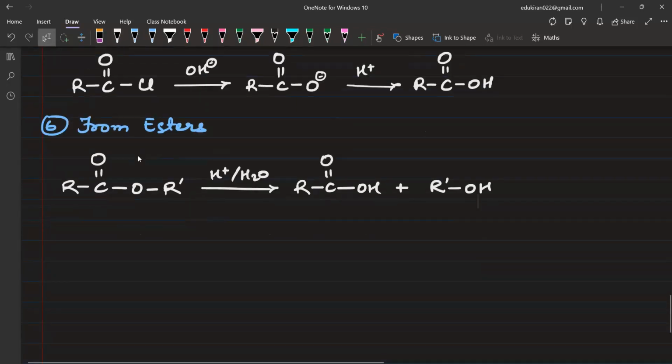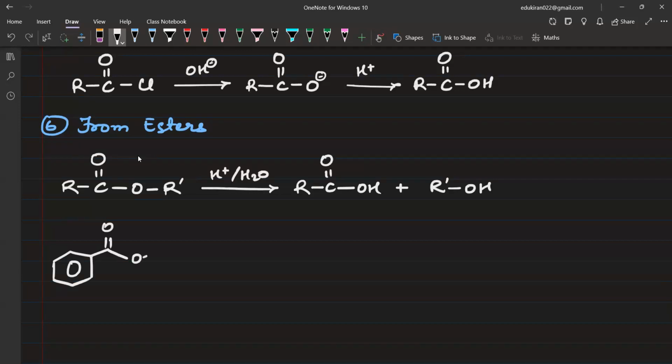Okay. So for example, if you have something like this, double bond O, and you have OCH3, H plus in the presence of water, you get benzoic acid. The C double bond will be in its place.